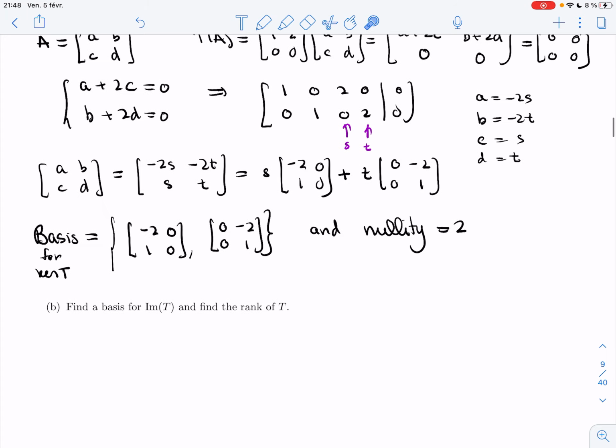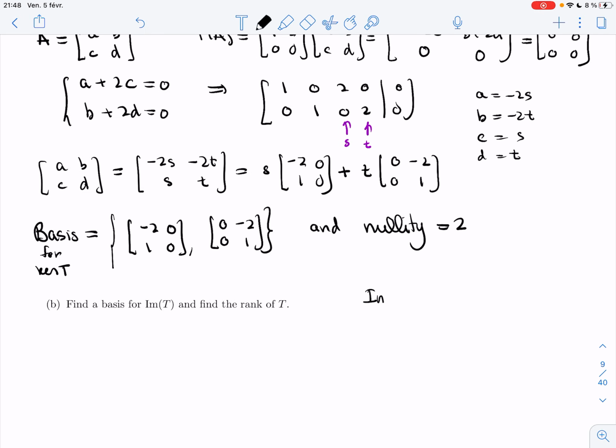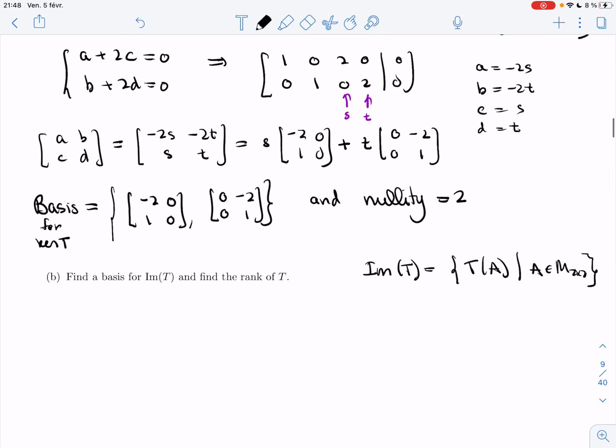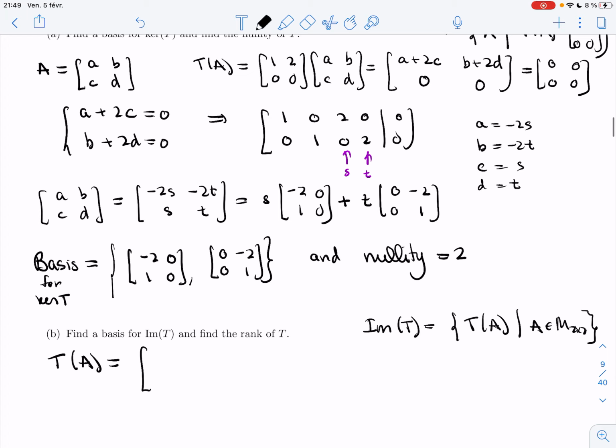All right. Now we need to find a basis for the image and find the rank of T. If you remember, the image of T was the set of all images for every matrix. So we already have what T of A is. We said T of A was [a plus 2c, b plus 2d; 0, 0].